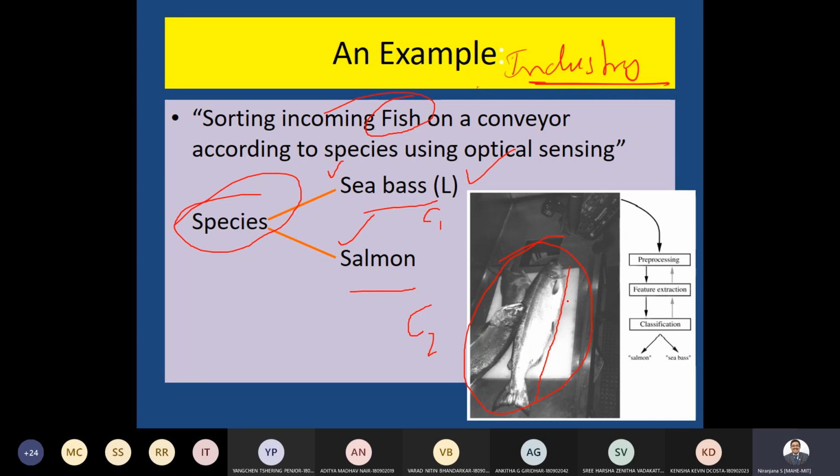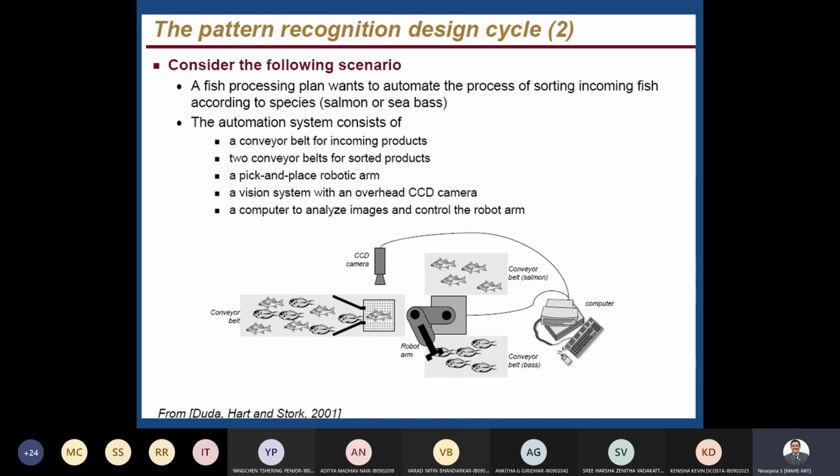If you consider a single feature such as length, how can you do it? Or if you consider multiple features, then how can you do it? That is what they explore in this problem. The same design cycle aspects are explained with the help of this example. Instead of this, you can take any other examples such as ECG or other healthcare problems. But this is a typical example I will take here to explain the various stages.